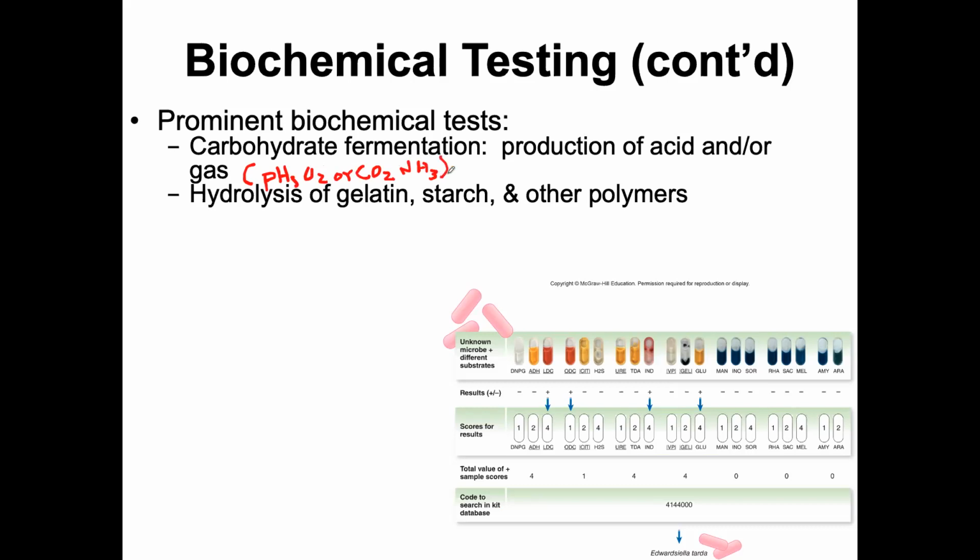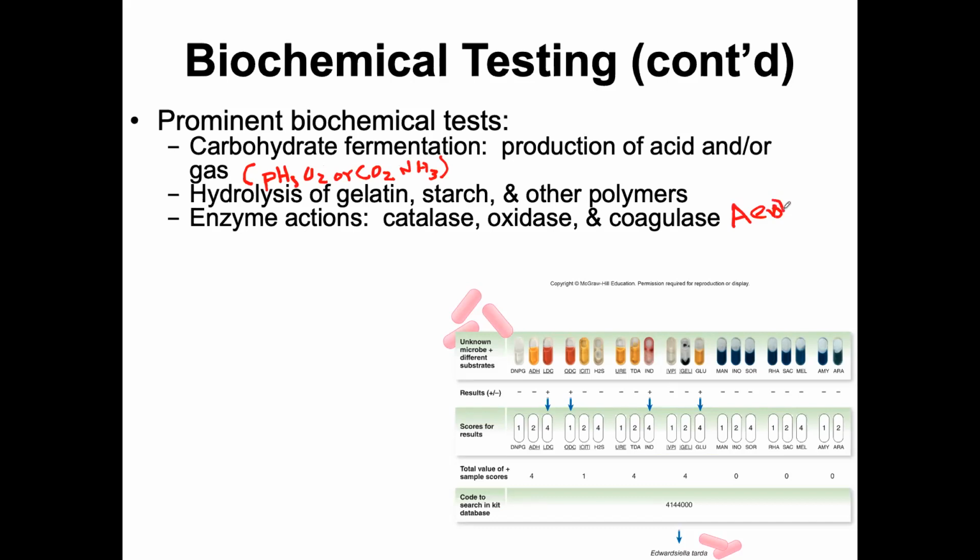right? The ability to hydrolyze gelatin, starch, and other polymers puts you in a certain group, as well as the presence of catalase, oxidase, and coagulase, okay? Which means that you are either, if you have these, aerobic or aerotolerant, meaning you either need the oxygen to survive or you can put up with the oxygen.